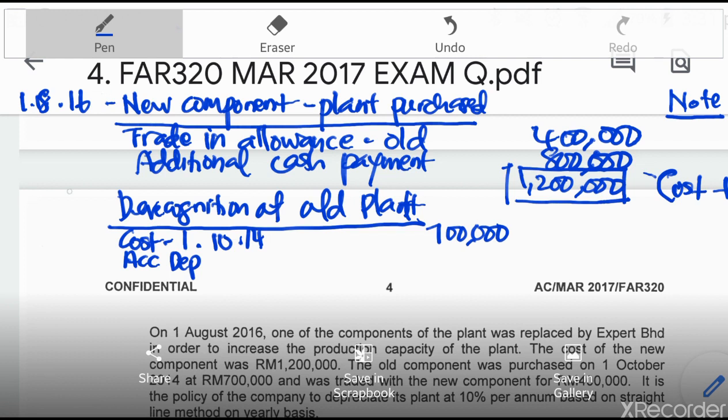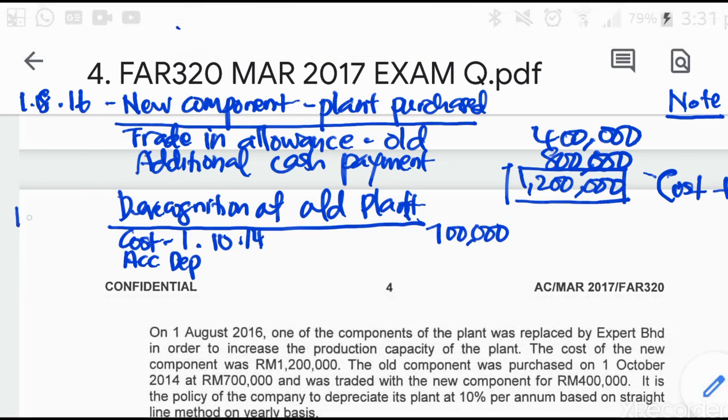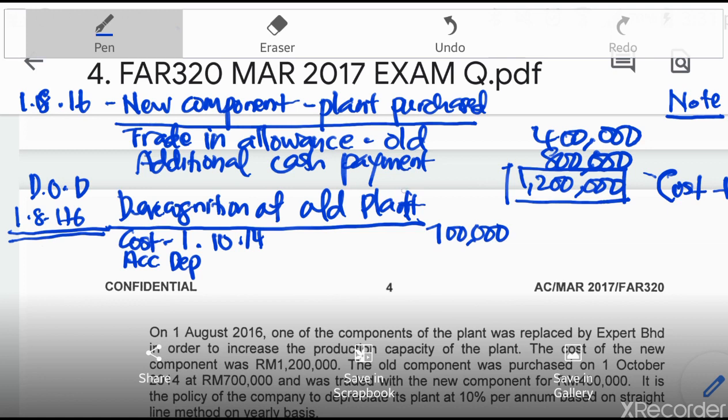So the date of derecognition is on 1st of August 16. Yeah, look at this. This is the date of disposal for the old plant.